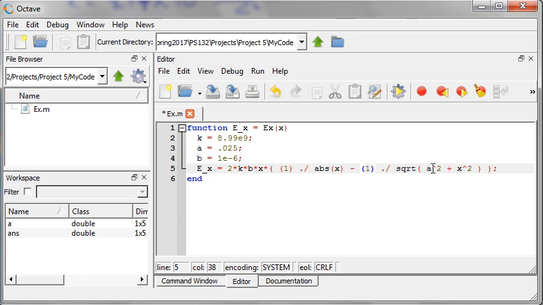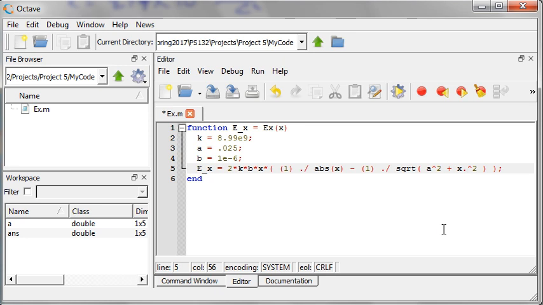Then this is A squared. A is just a number that never changes. That's the 0.025.